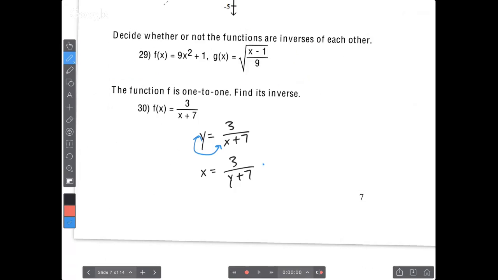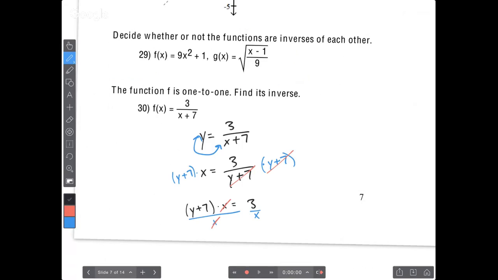Well, I'm going to try multiplying by y plus 7 on both sides, because that cancels over here. So now I have y plus 7 times x equals 3. And then I'm going to divide by x on both sides to get rid of that.